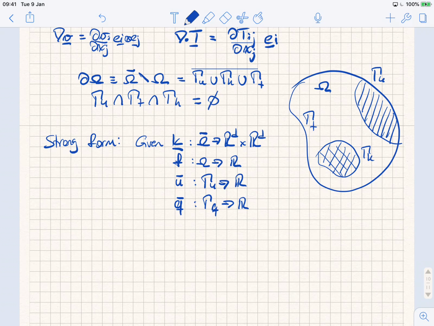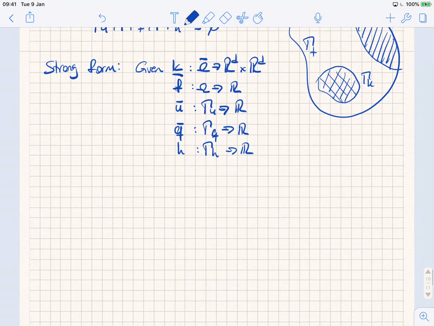And then you're going to have your h, or your heat transfer coefficient, which is defined in that part of the domain where we need to apply that type of boundary condition. And so given all those quantities, find u, find the temperature, which is still in higher dimensions a scalar field.